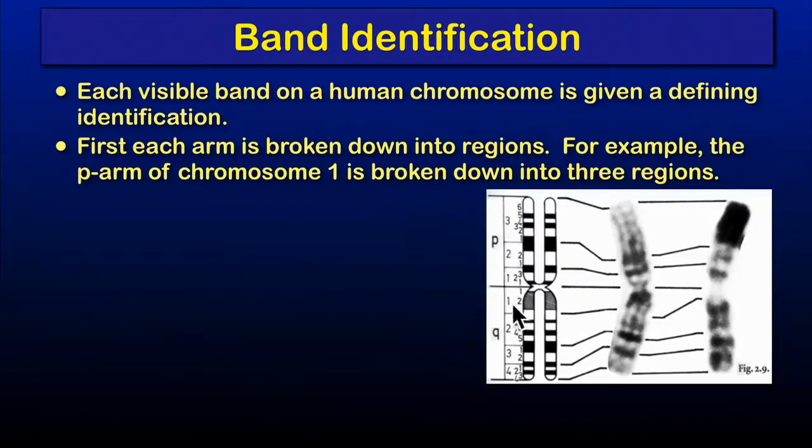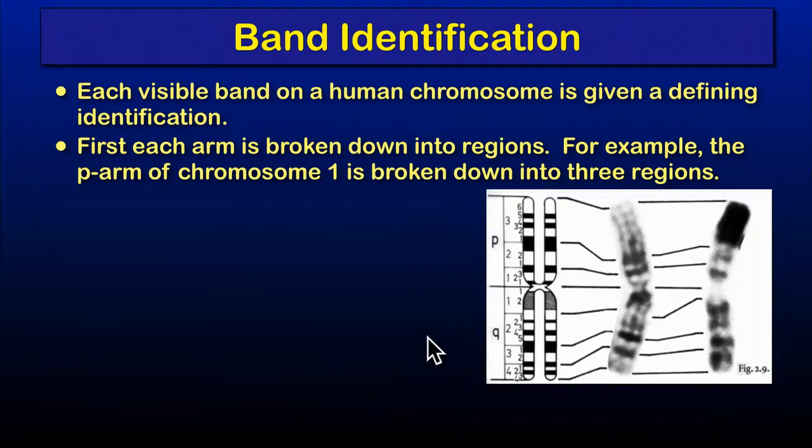And then on the Q arm, region 1, region 2, region 3, region 4. Why does the Q arm have 4 regions and the P arm 3? That's what they decided to do. It is entirely arbitrary in terms of how they decided. What is the break point designation between region 1 and region 2? Not going to require you to know that kind of detail with respect to these chromosomes. Just the idea that you break it down that way.